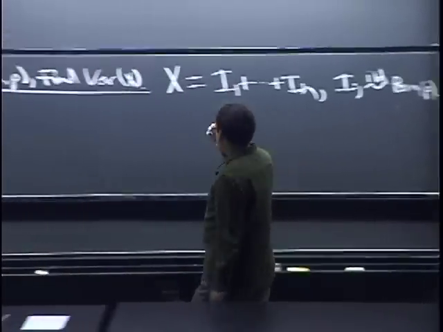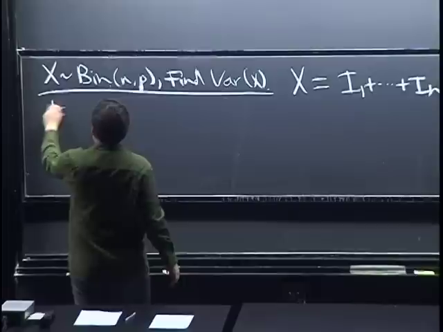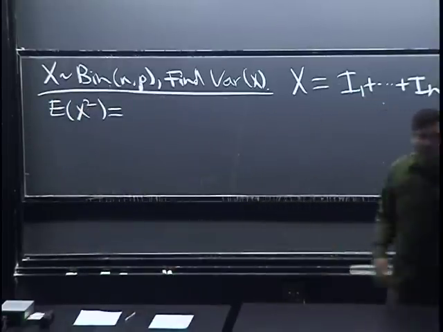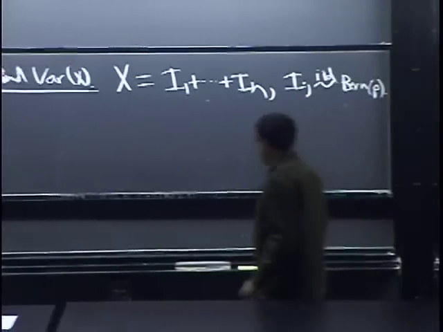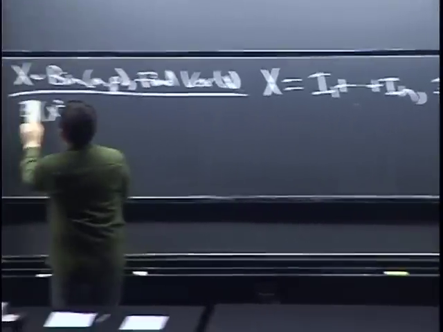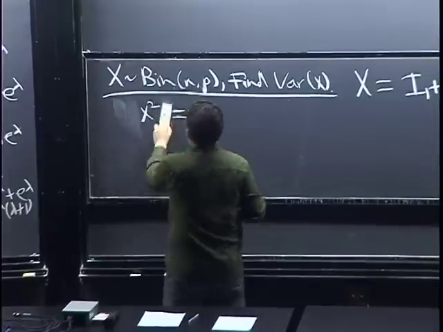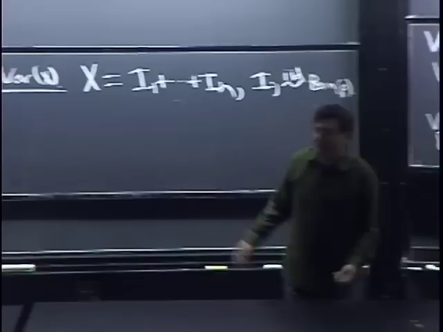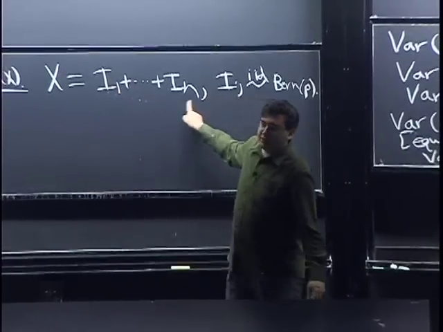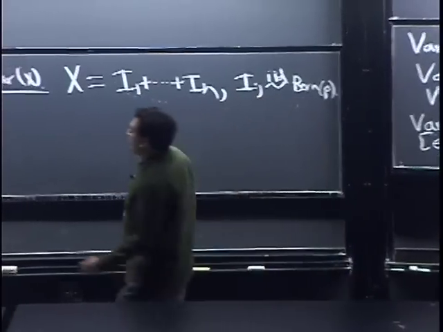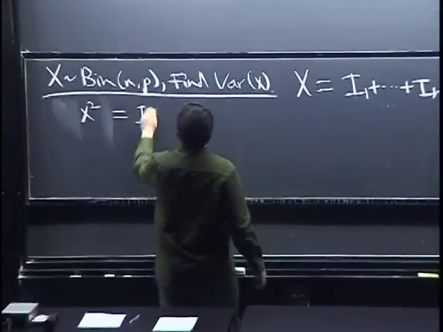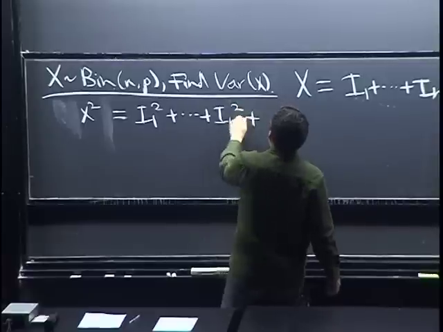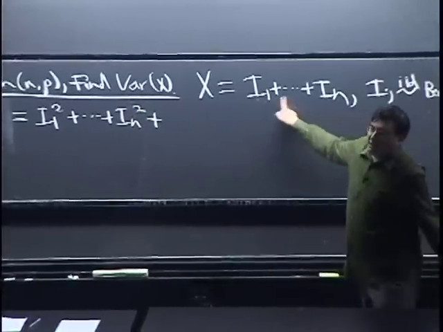Now if we want the expected value of X squared, let's just square this thing. Actually, let's not do the expected value yet. We'll just square it, then take the expected value. You just square all the things, so it's I1 squared plus blah, blah, blah plus In squared, plus, as you know, a lot of cross terms.